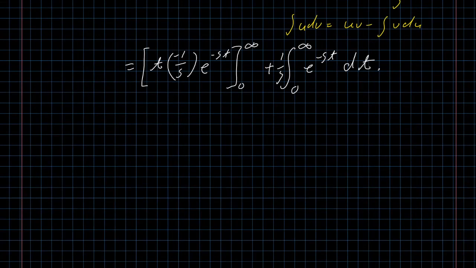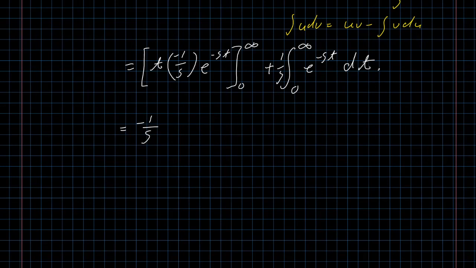Now from here, we play our evaluation. Remember, we are evaluating t at 0 and infinity, not s. So we plug in t equals infinity. And I know it's a little bit weird actually writing infinity on things, but it works out, and that's all that really matters.